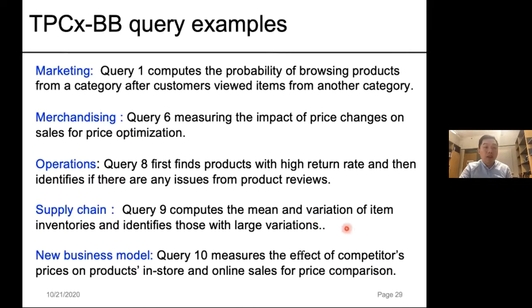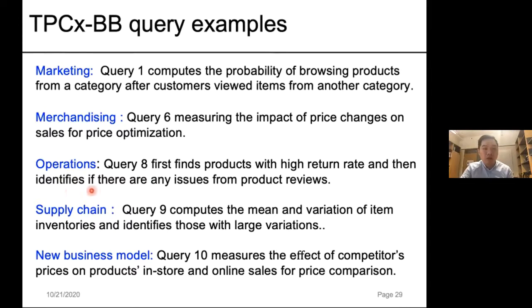TPCx-BB defines the queries in English text. Next, we take an example for each category. For marketing, in query 1, we compute the probability of browsing products from a category after customers view items from another category. For merchandising, query 6 measures the impact of price changes on sales for price optimization.